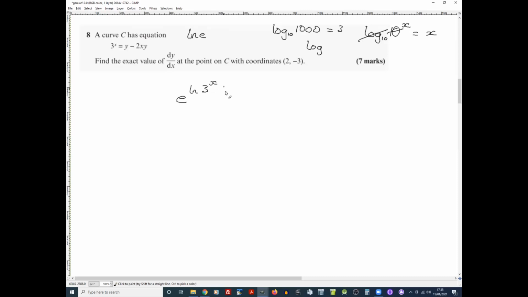E raised to the power, which is the power I have to raise e to get this stuff. I lost track of that myself while I was saying it, but it is logical. If you can at least see that those two are cancelling like that, therefore we've got 3 to x.